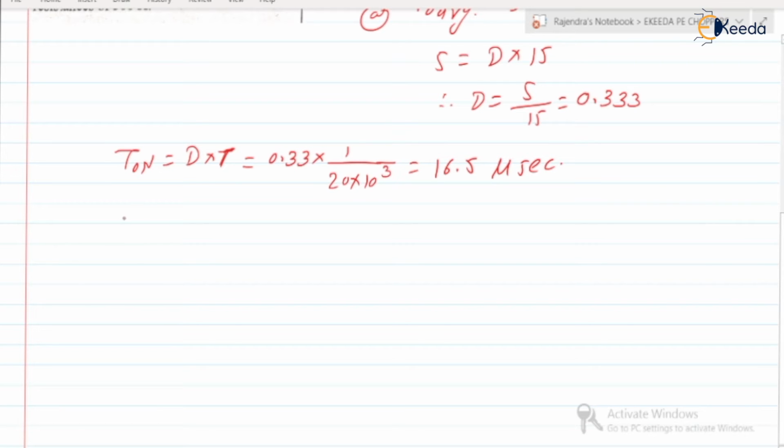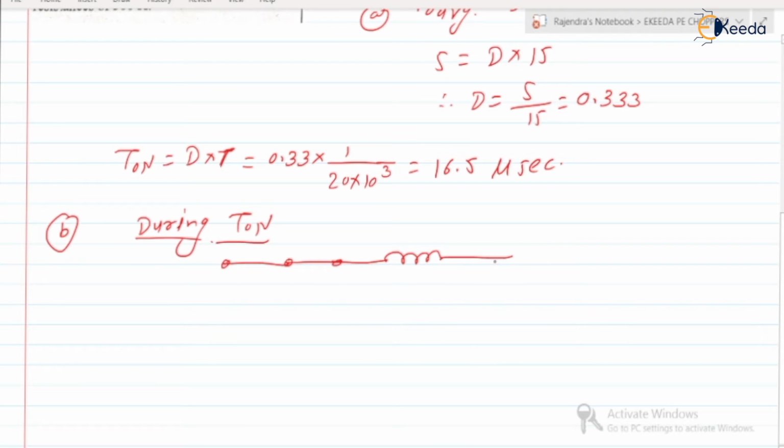Next, for the second part, during T on, the switch is in the on state. Here we have the inductor, next the capacitor, and here it is the load. So the circuit will be like this.